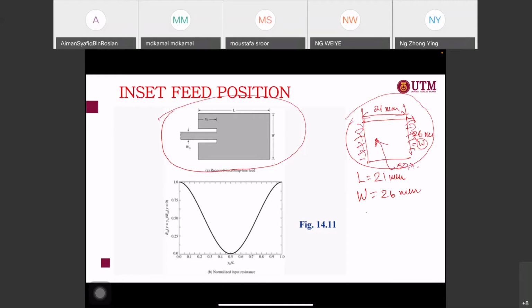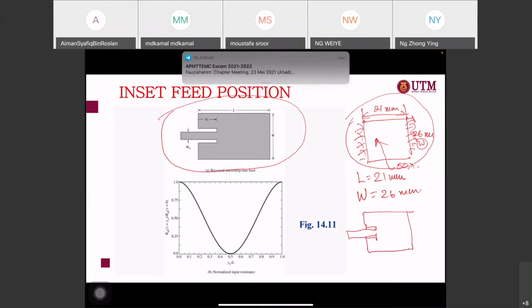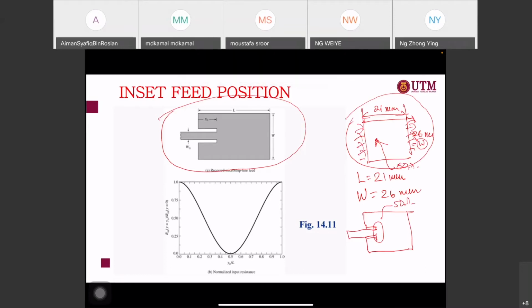Once you have this, you put something like your inset feed here. So you can match. At this point, we know that this is 50 ohm. So if you have this 50 ohm, you need to design the transmission line with 50 ohm as well.